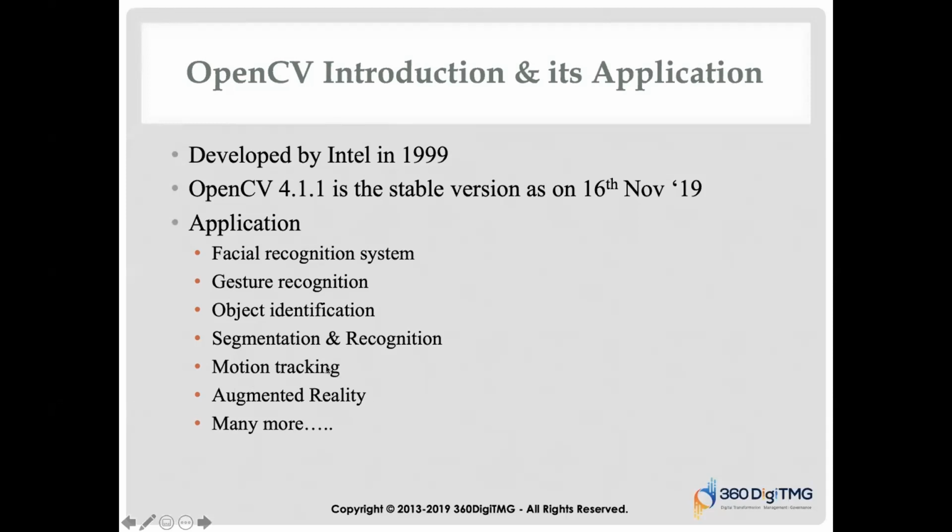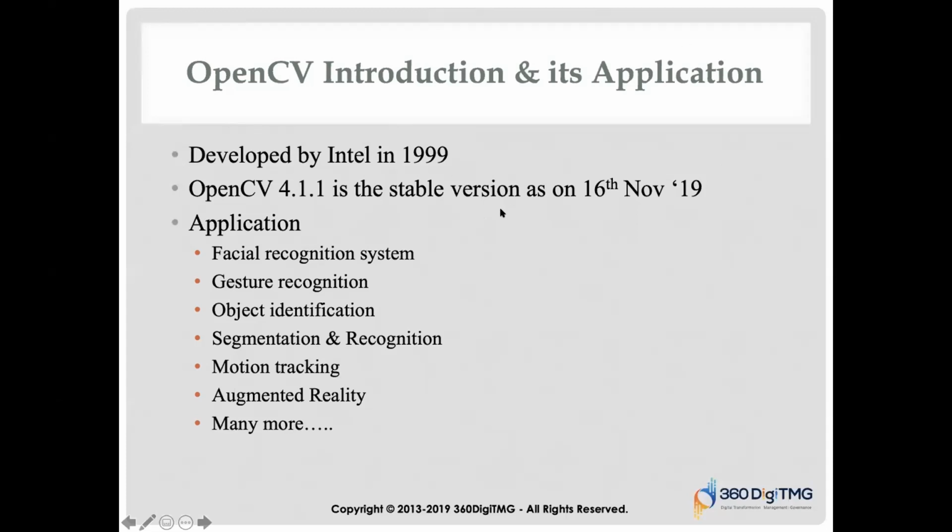Motion tracking. Say there is an object, or a human eye for instance, and if I keep moving the human eye, my human eye should be tracked, basically. That's called motion tracking. And then augmented reality. How many of you attending here are aware of augmented reality? Anyone?